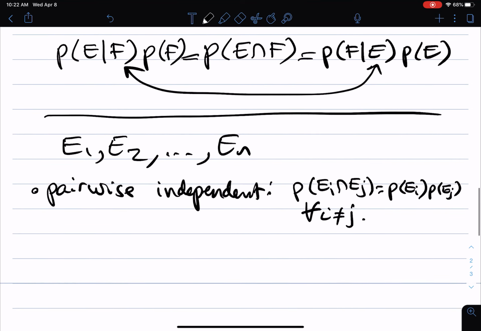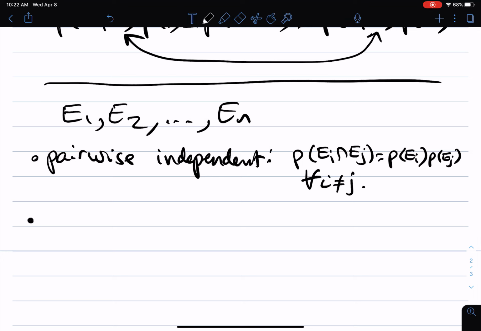So this is pairwise independent, but we can also talk about mutually independent.